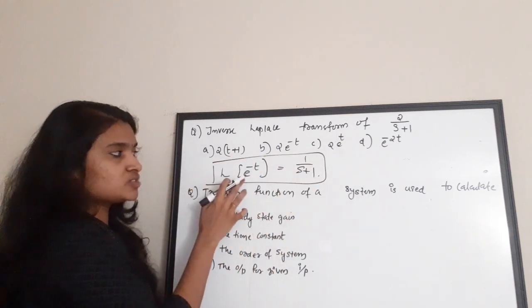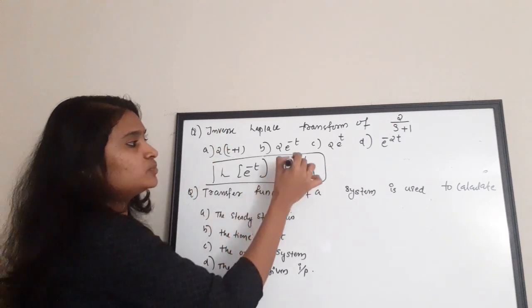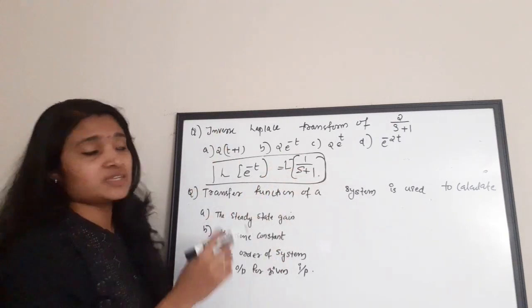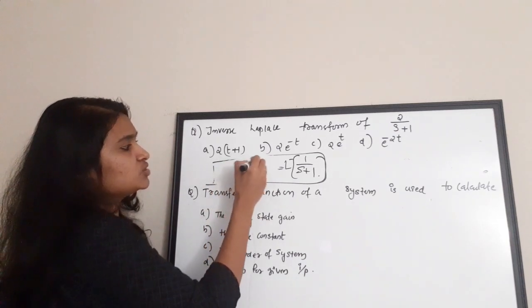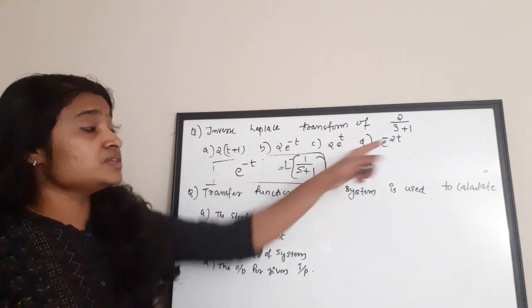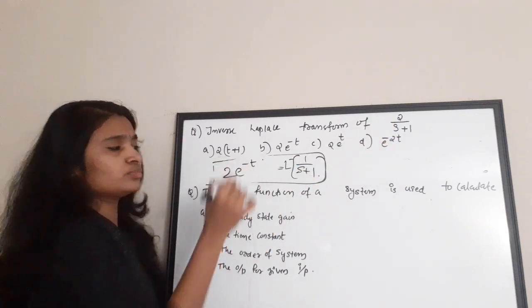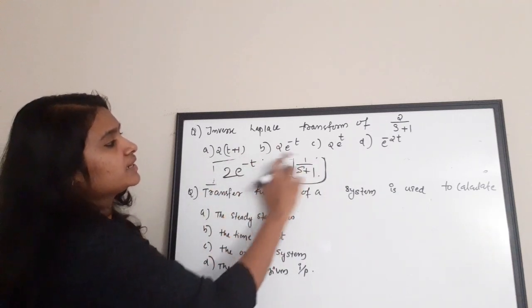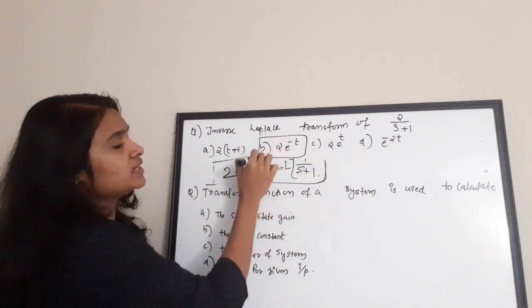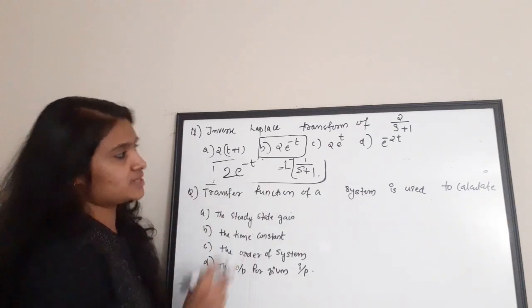So if the Laplace transform of e raised to minus t is 1 by s plus 1, then what is the L inverse of 1 by s plus 1? It is e raised to minus t, right? Another term is there, that is 2 by this term. So here it is 2 into e raised to minus t. Simple, right? So the correct answer is option B, which is 2 into e raised to minus t.